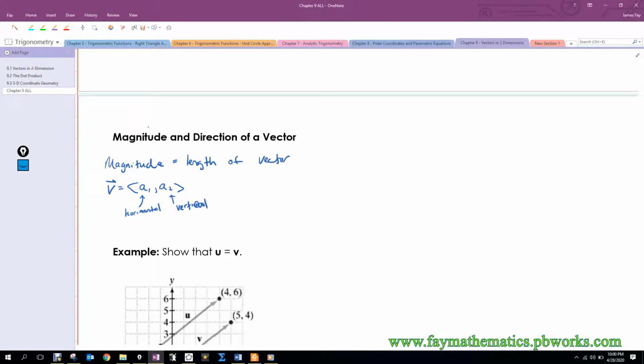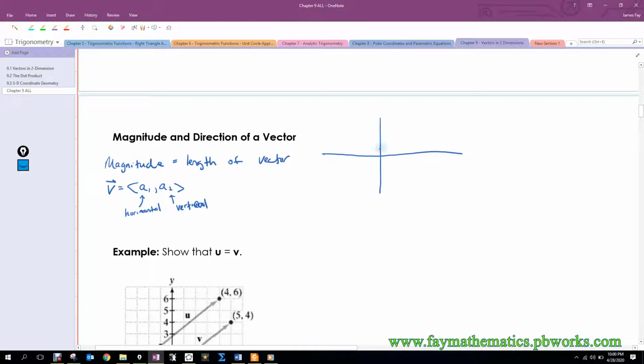A lot of times we'll start at (0, 0) and that kind of thing, but if you're familiar with physics, they call this a horizontal component. They call this the vertical component of a vector. But let's say we've got a coordinate plane here.